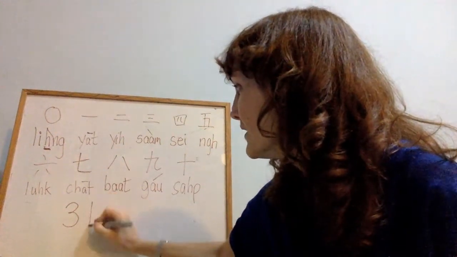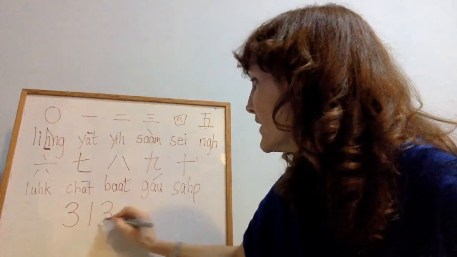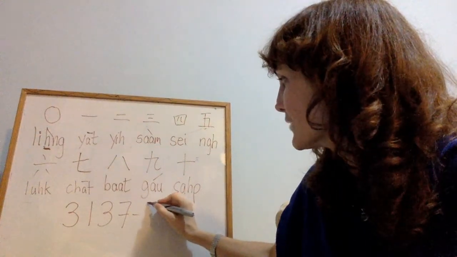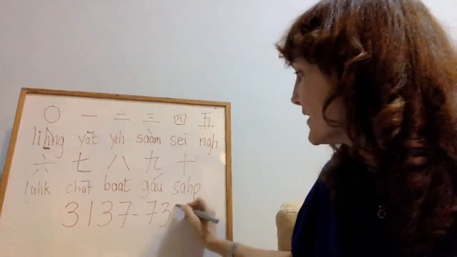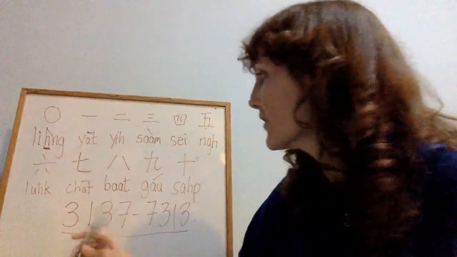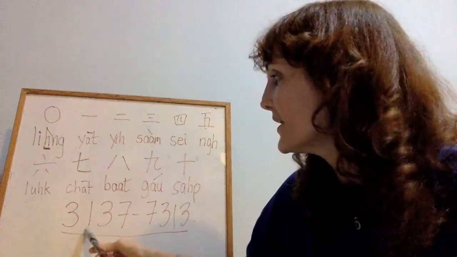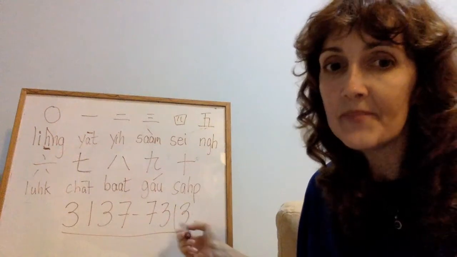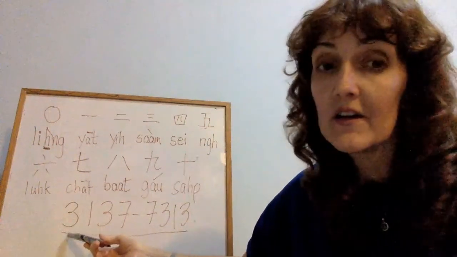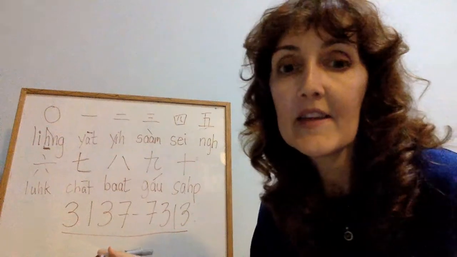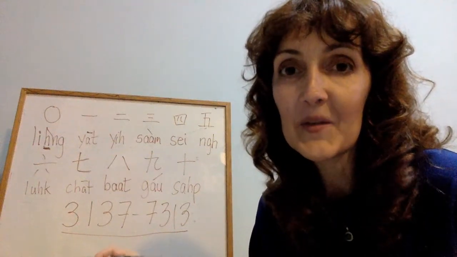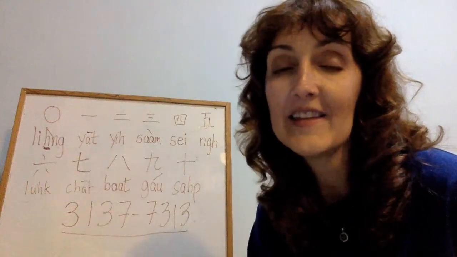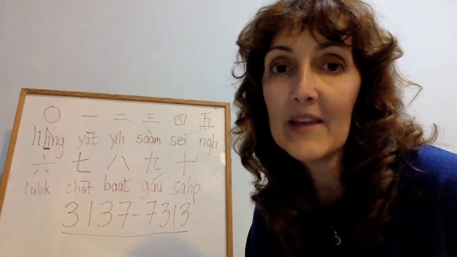So let's do 3, 1, 3, 7, and then switch it up, 7, 3, 1, 3. So we've got sam, yat, sam, tat, tat, sam, yat, sam. Or if you want to say it faster, sam, yat, sam, tat, ta, sam, yat, sam. Those are all really high tones, so your voice is always at the very top, right? Sam, yat, sam, tat, ta, sam, yat, sam.